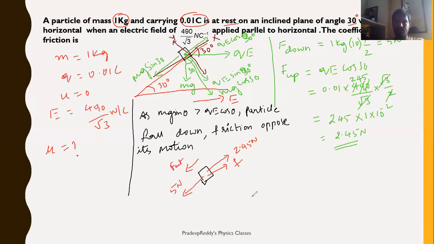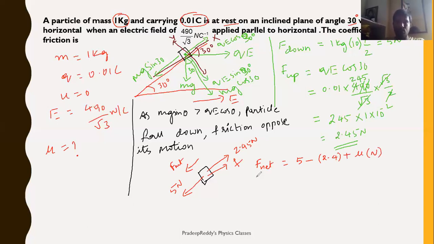This is the net force. Now using the equation, F net will be equal to 5 minus 2.45 plus the frictional force, which is mu into normal reaction.